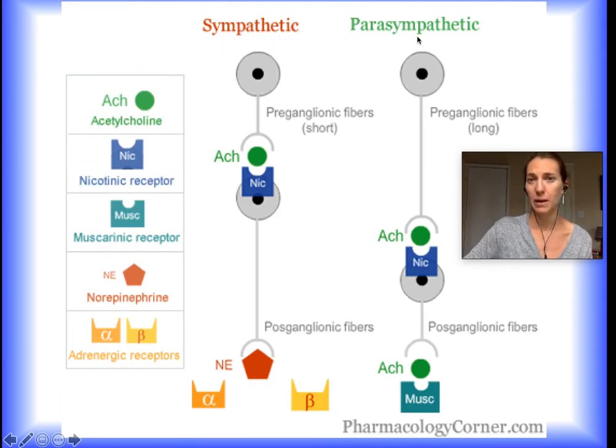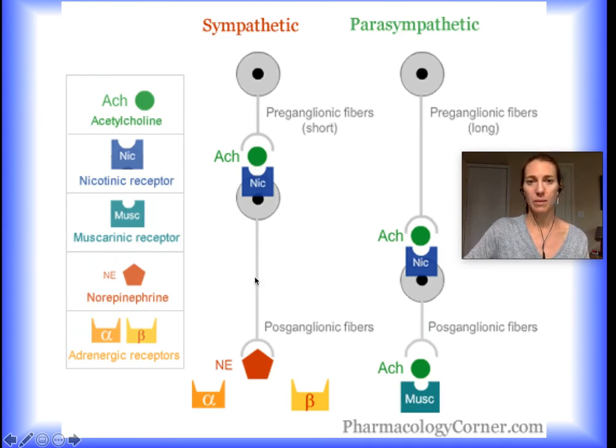So sympathetic, parasympathetic. You see those longer preganglionic fibers here. Recall that it's largely the vagus nerve, right? It's got a long way to go. So that's one of the reasons that the parasympathetic preganglionic fibers are typically portrayed in this way. So acetylcholine, preganglionic. We see nicotinic receptors here.